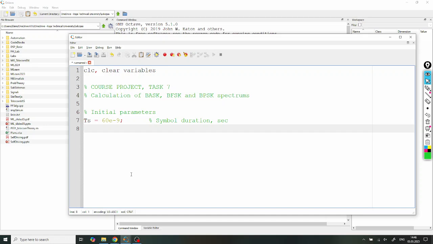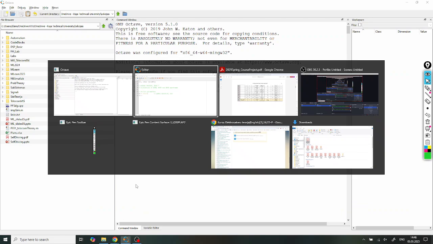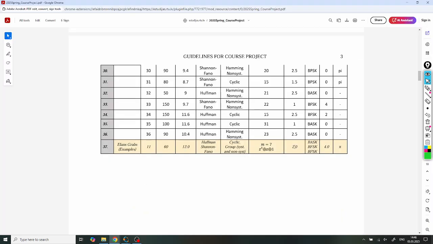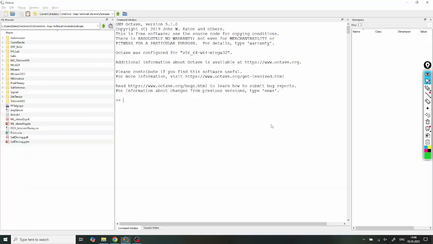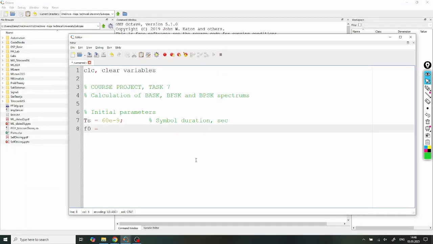Next is carrier frequency, which I will denote as F0. So that is 2.0 gigahertz for me, 2.0e plus 9. That is carrier frequency, hertz.